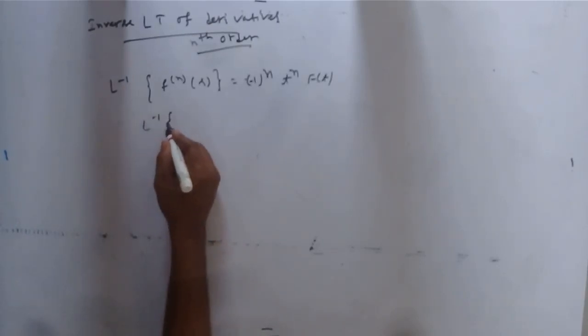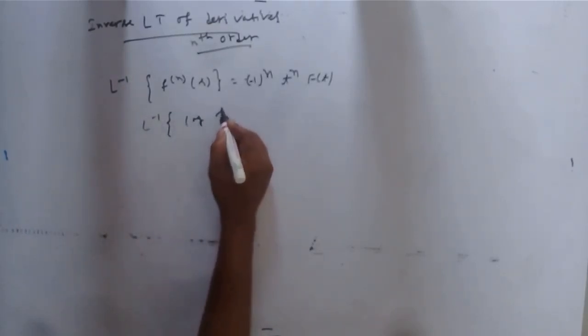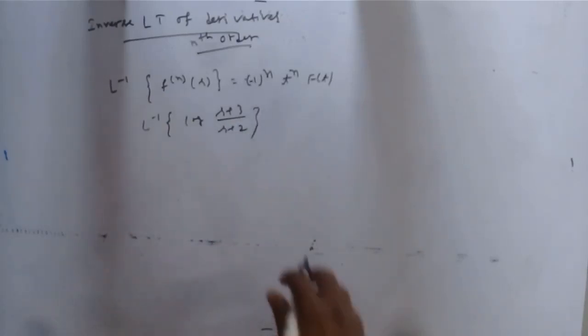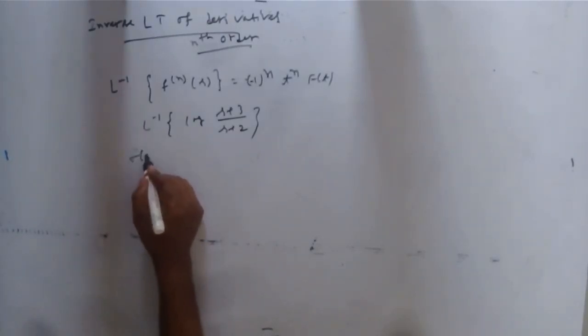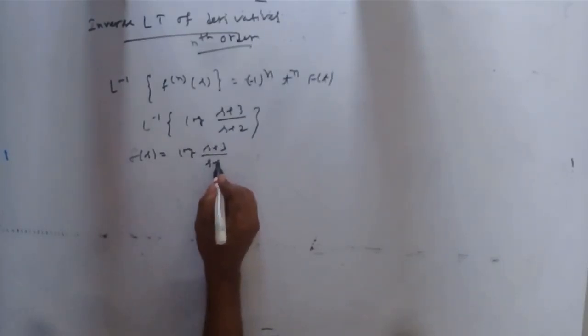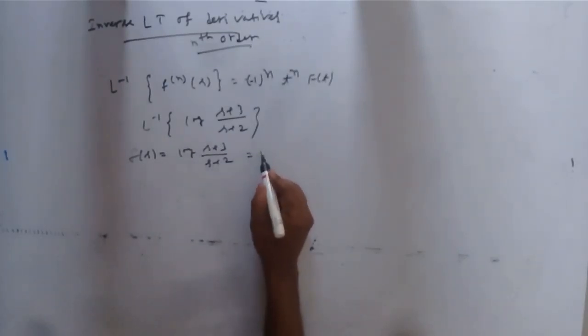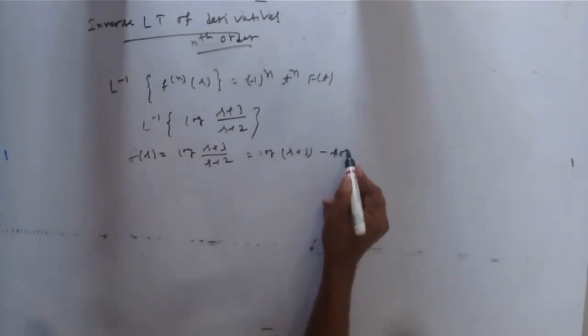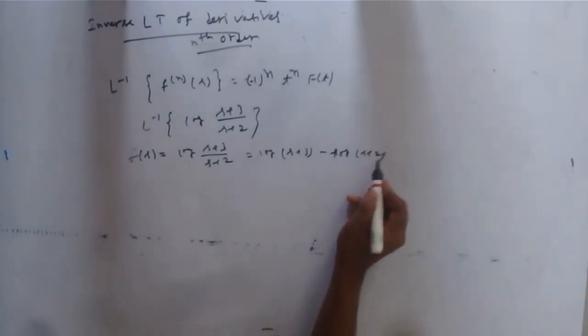Let's find L inverse of log of (s plus 3) by (s plus 2). Okay. So let F(s) equal log of (s plus 3) by (s plus 2), which is equal to log of (s plus 3) minus log of (s plus 2).